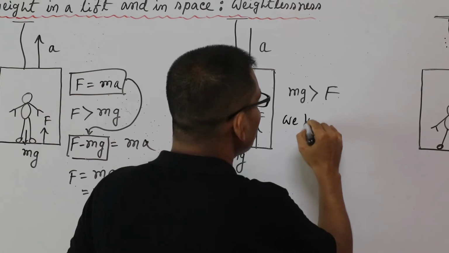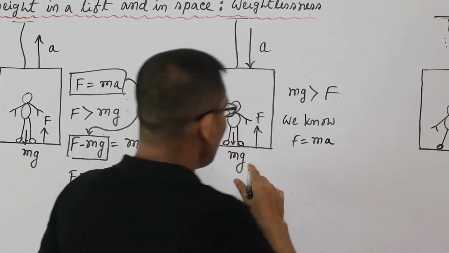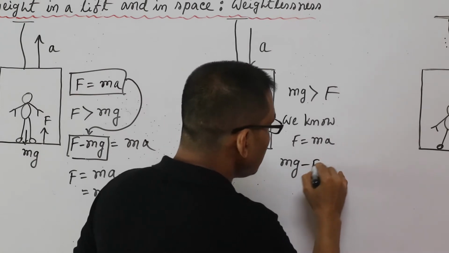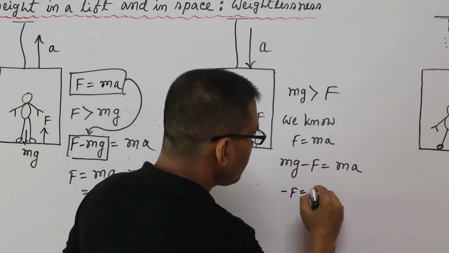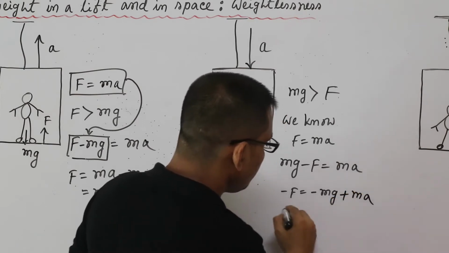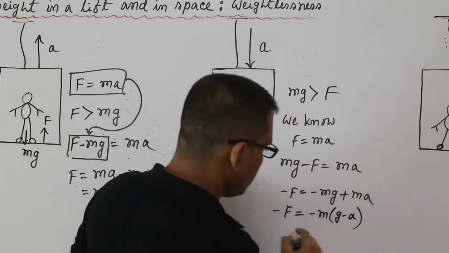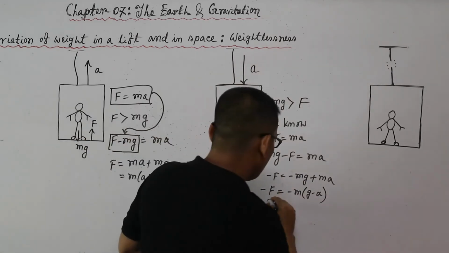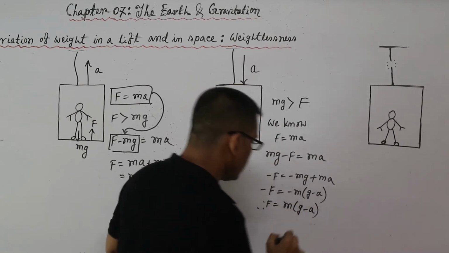Now the resultant force, as mg is greater than F, is mg minus F equals ma. Now F equals mg minus ma. We can write here, it's a mistake, it will be F equals m(g minus a).